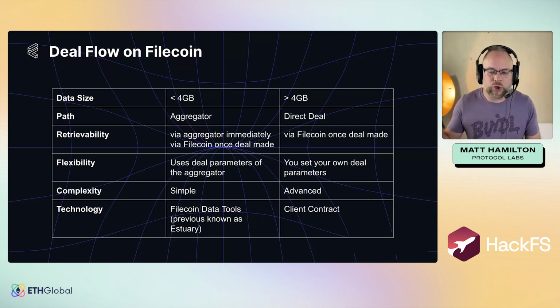So Estuary version 2 will be based upon this tooling set known as Filecoin Data Tools. But you can think of Filecoin Data Tools as a superset of what Estuary did. The part that we're looking at the moment is similar to what some people may have covered with Estuary before. And if you're doing larger than 4 gigabyte deals, what I'm going to demonstrate today is a thing called the client deal contract.